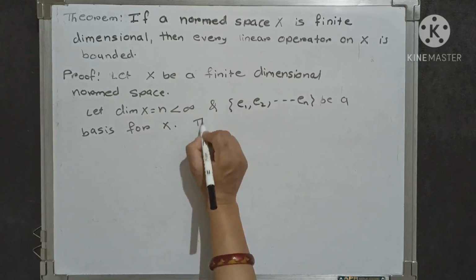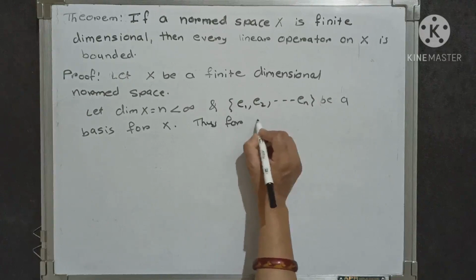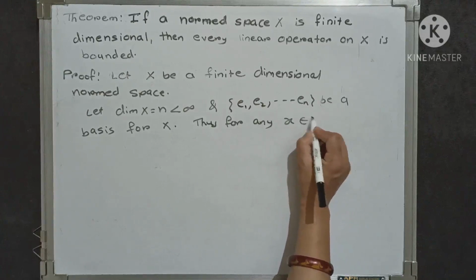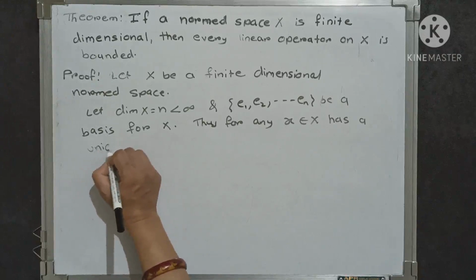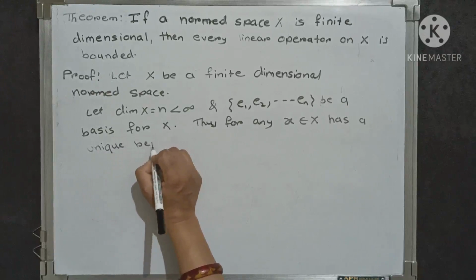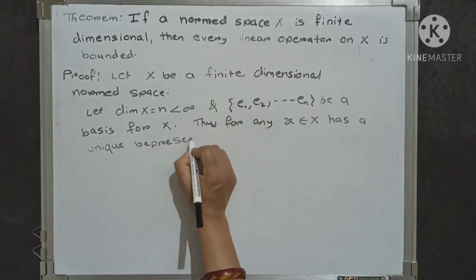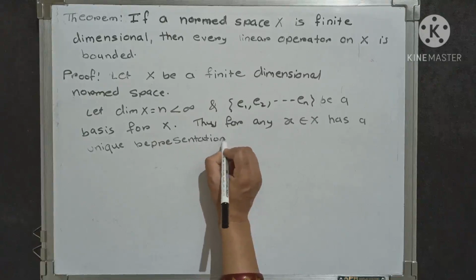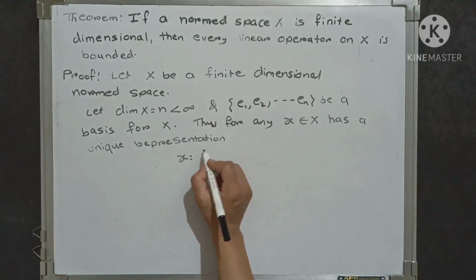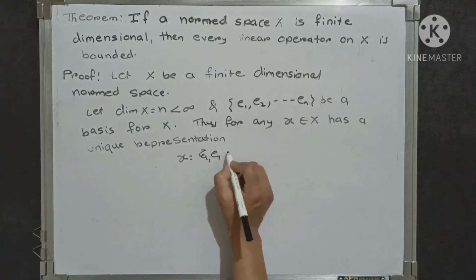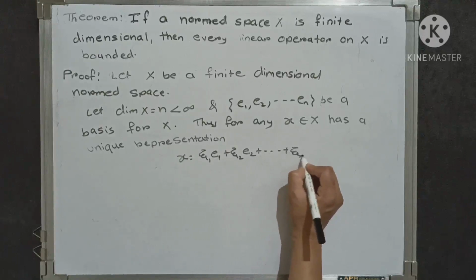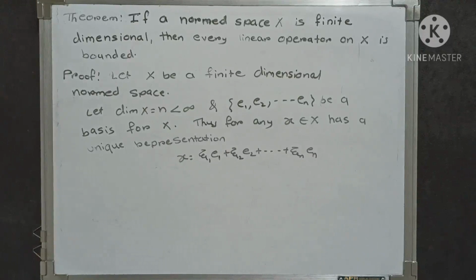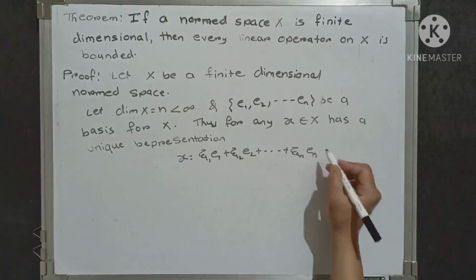Thus for any small x belonging to capital X, it has a unique representation: x equals xi1 e1 plus xi2 e2 up to plus xi n en.